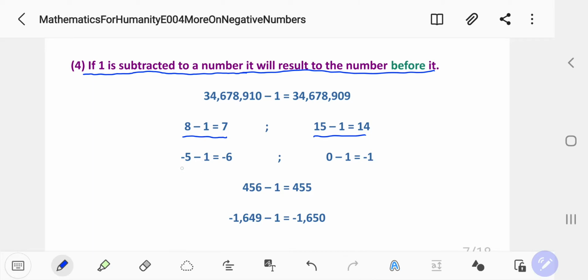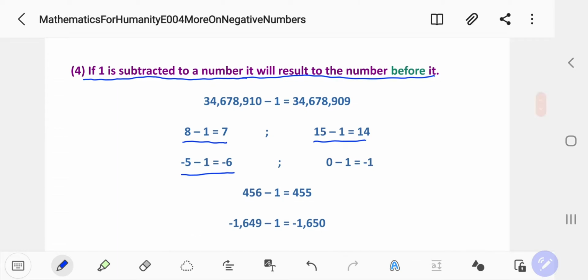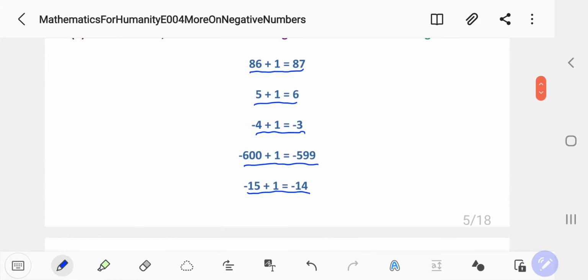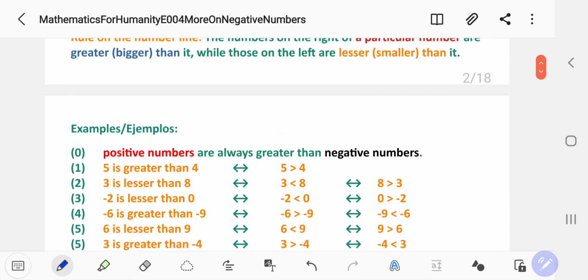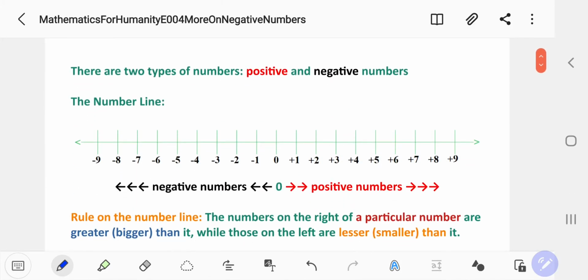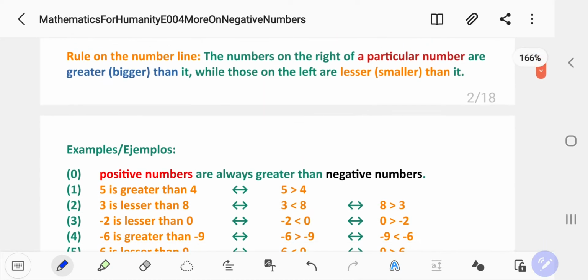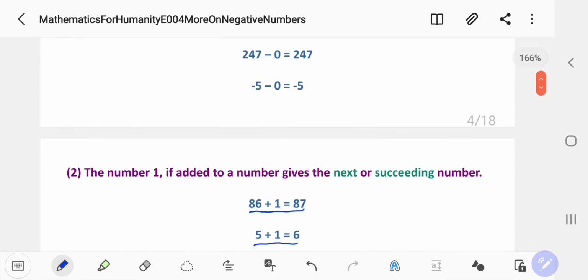And then you have negative 5 minus 1 is negative 6. Let's look at the number line again. So negative 5 minus 1 gives you the number before it. The number before it is negative 6.